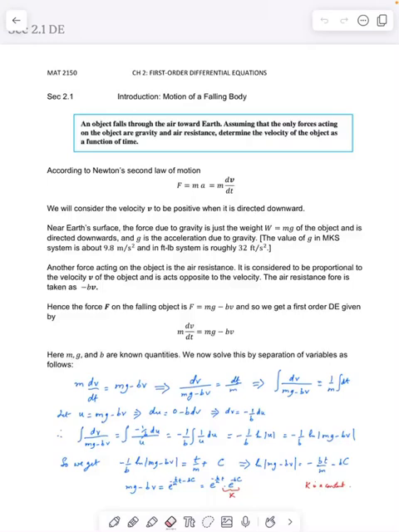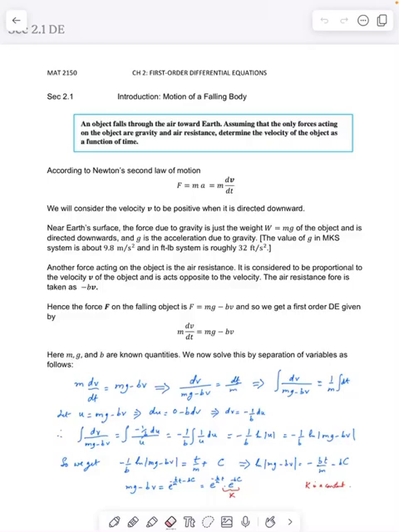According to Newton's second law of motion, we know that F is equal to ma, meaning the force on a falling body is equal to its mass times acceleration. Acceleration in this case will be due to gravity. And acceleration also is the derivative of the velocity of the body.